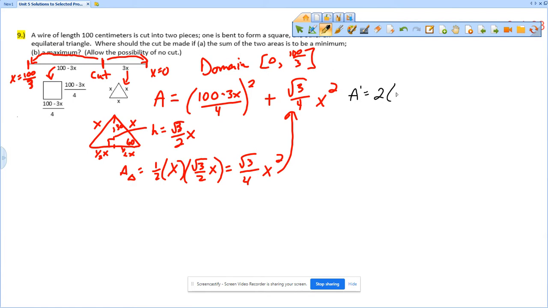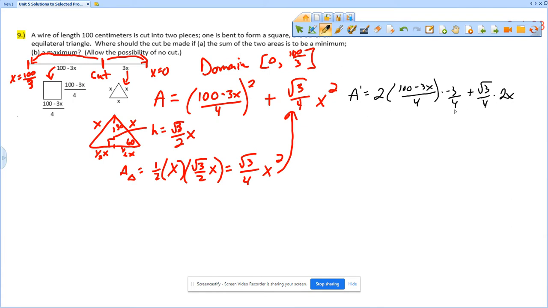So I'm going to bring the 2 out front, and then I've got the (100 minus 3x)/4 to the first power, and then times the derivative of (100 minus 3x)/4. Remember, 100 over 4, that's just 25 minus 3/4 x. So the derivative would just be negative 3/4. And then plus, now this root 3 over 4, that's just a constant times x squared. So times the derivative of x squared, which would be 2x.